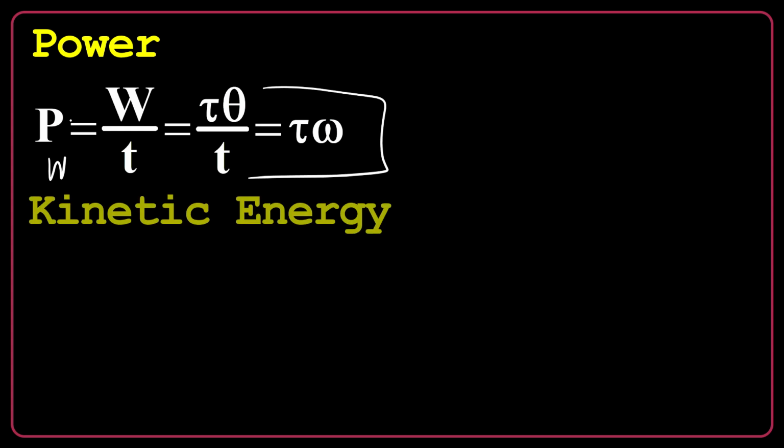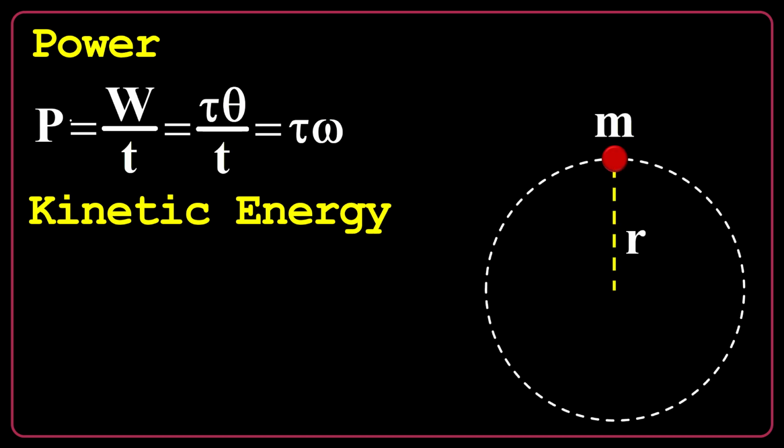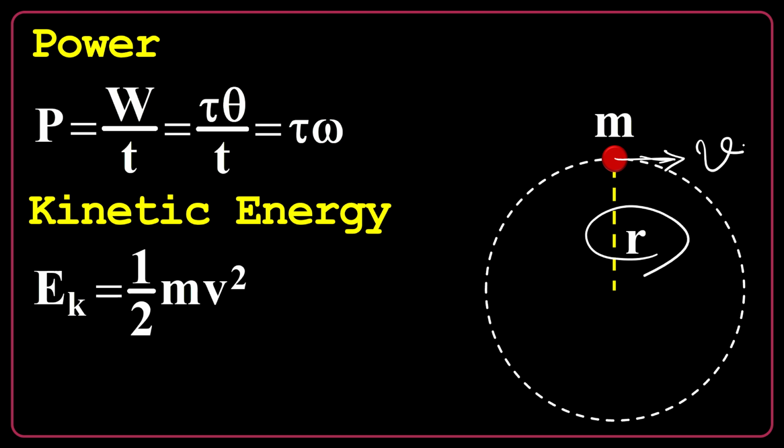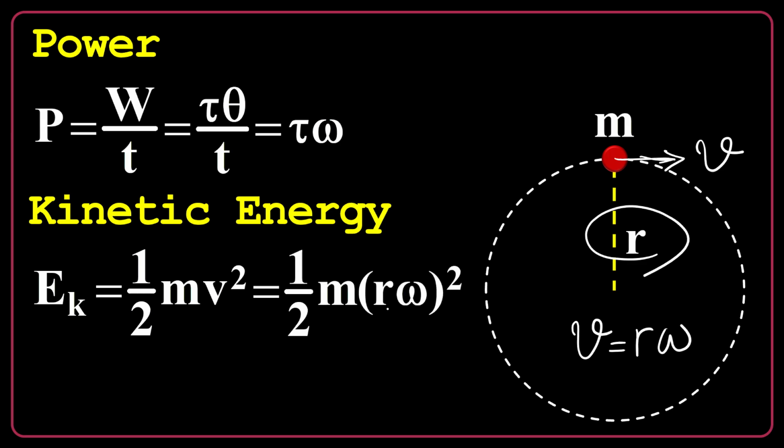Okay? The other is kinetic energy. How to find kinetic energy in rotational motion? Suppose that I have an object of mass m moving on a circle, and this circular path has a radius of r. The speed of the object could be something like v. So kinetic energy is supposed to be a half of mv squared. The v is related to angular velocity like r omega. So let's replace it. Now I can rearrange the equation.